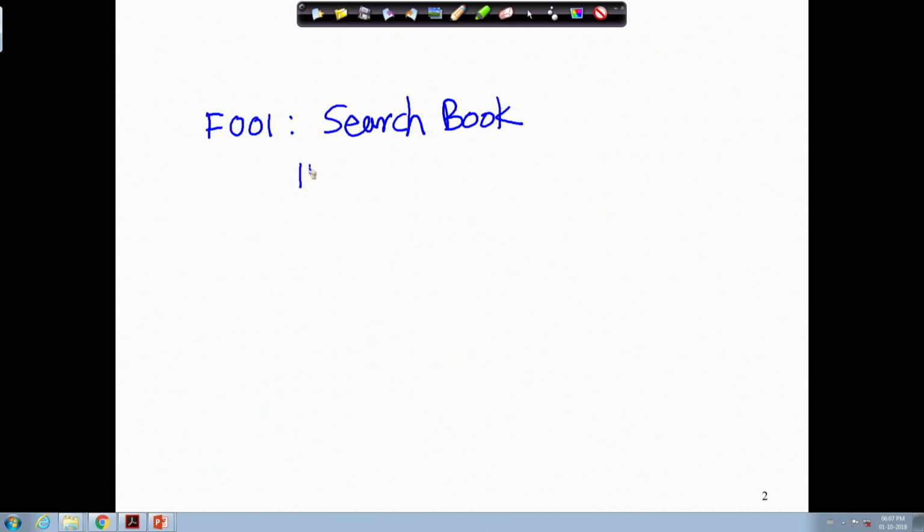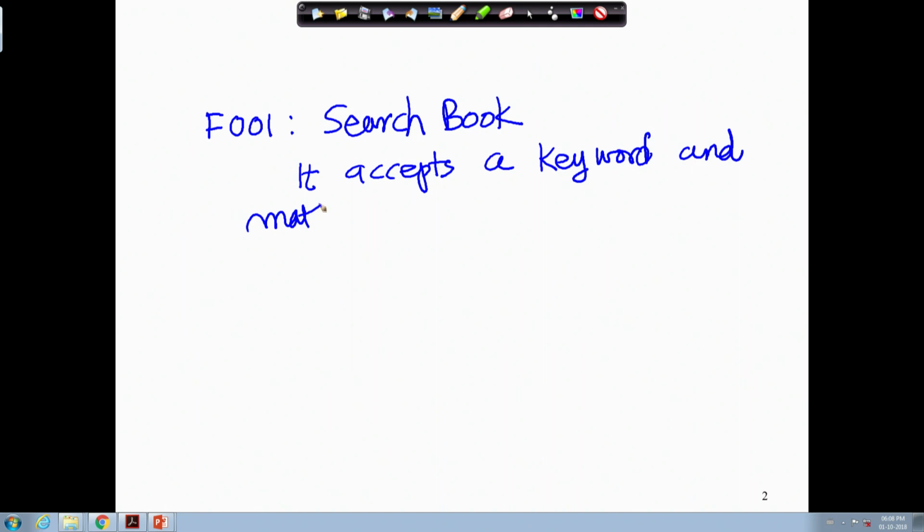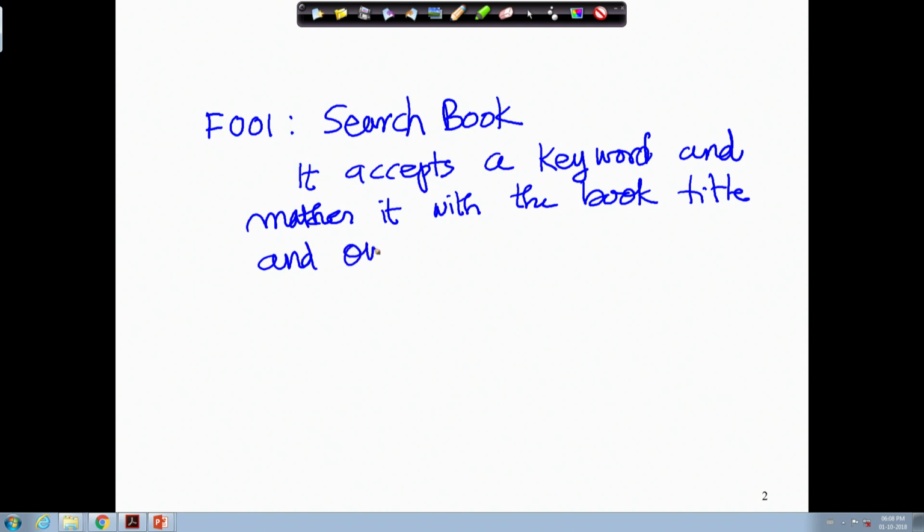It accepts a keyword and matches it with the book title, and outputs the result.